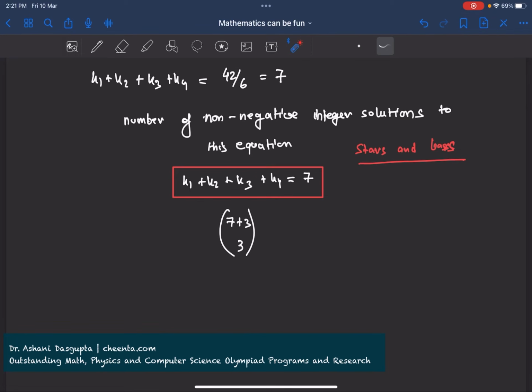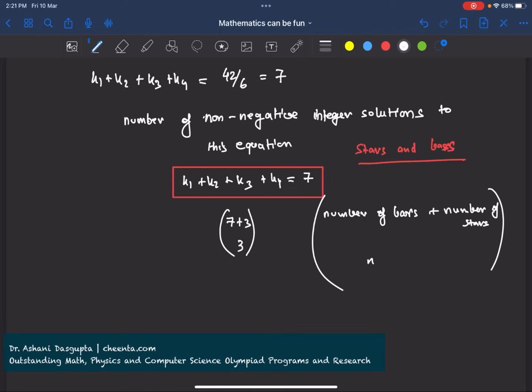So each of these plus signs is a bar. So you have 3 bars and 7 stars. So the formula is number of bars plus number of stars choose the number of stars or number of bars, doesn't matter, same thing.